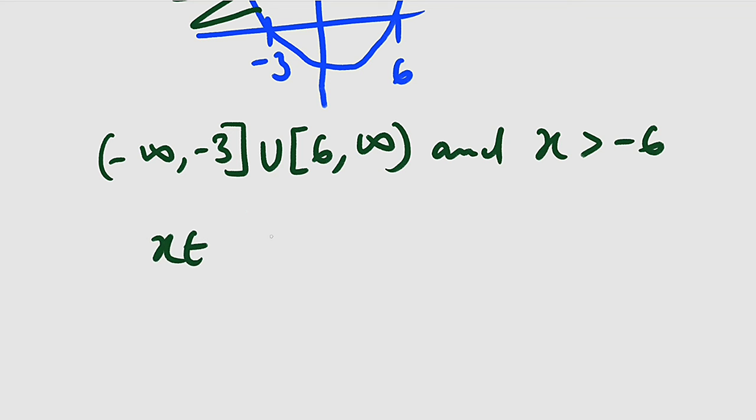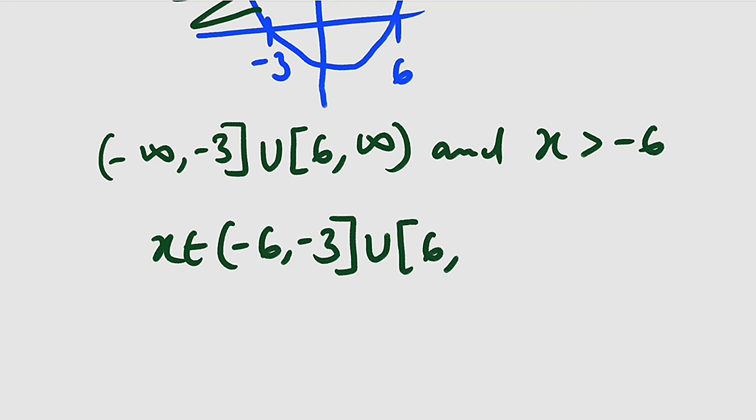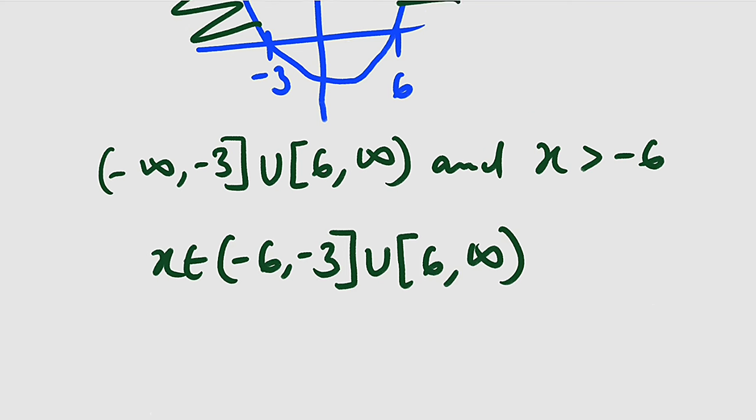So x belongs to the set of values from negative 6 down to negative 3, including negative 3, union from 6 down to positive infinity. So this is the first solution. We don't know whether we're going to get another solution, but let's try.